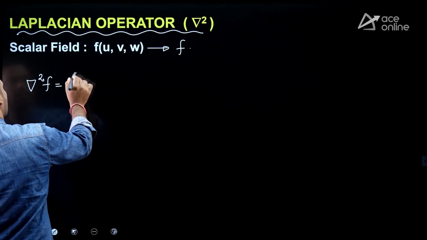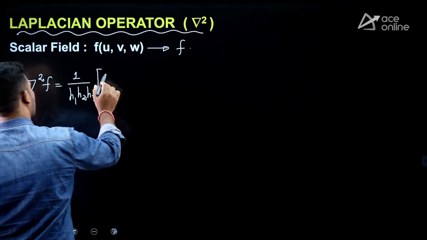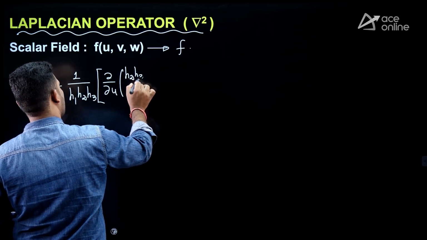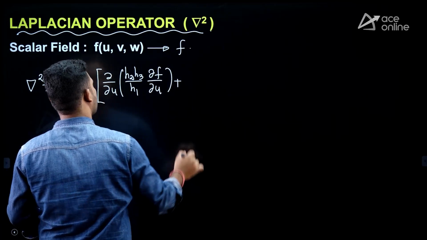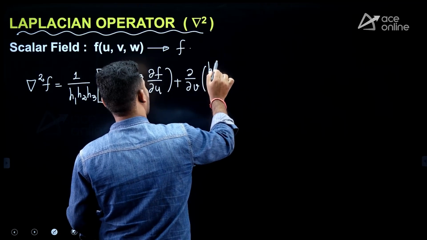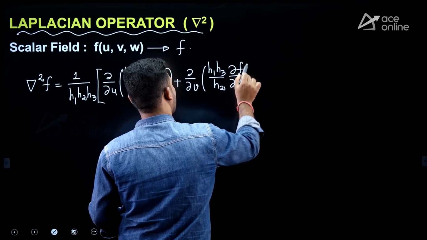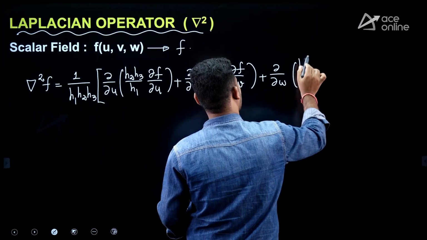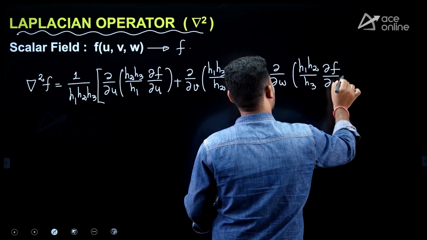Del square F is equal to 1 divided by H1 H2 H3, dou by dou u of H2 H3 divided by H1 into dou F by dou u, plus dou by dou v of H1 H3 divided by H2 into dou F by dou v, plus dou by dou w of H1 H2 divided by H3 into dou F by dou w.